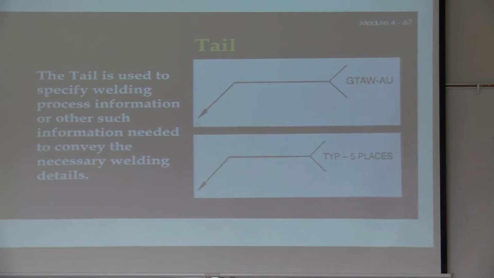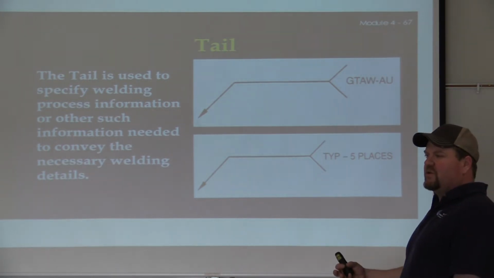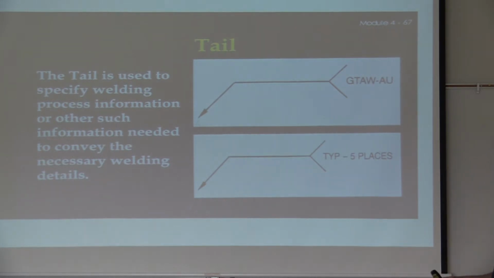All right, the tail, again here, GTAW, gas tungsten arc welding, AU, austenitic, okay? Bottom one is typical in 5 places, so this would be say it gives you a stitch pattern, just like I talked about in a ROP system. You want a 2-inch weld every 5 inches or every 12 inches.